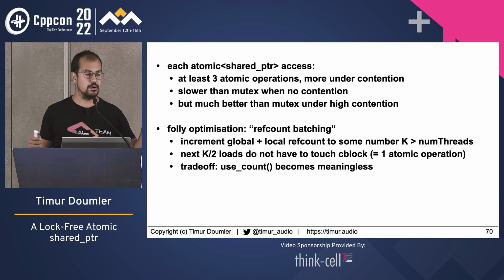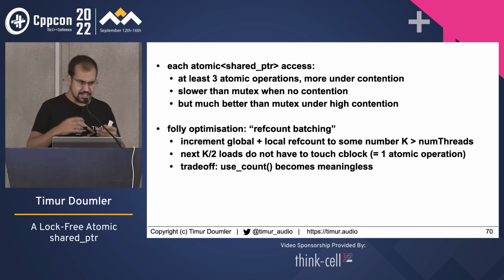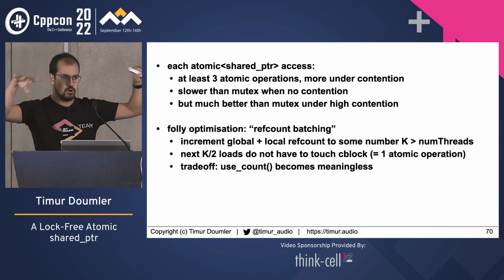The problem with this, or the trade-off, is that if you do this kind of stuff, the ref count itself becomes meaningless, right? So the use count member function is not going to return the actual ref count, it's going to return some big number that doesn't mean anything. Which maybe it's fine, maybe you don't need use count. But this is very typical for this kind of stuff, where the more optimizations you introduce, the more of the generic interface you lose, right?